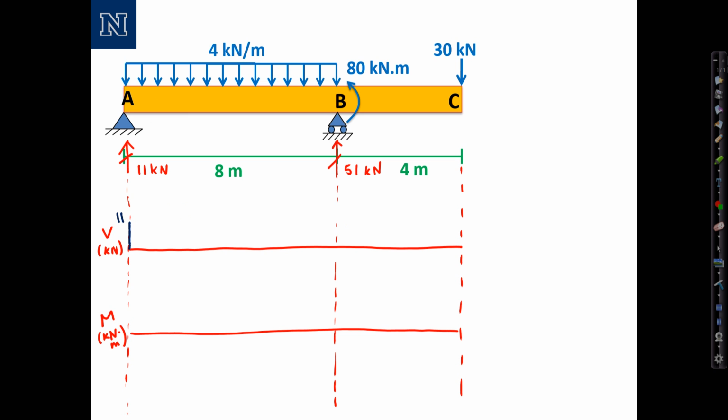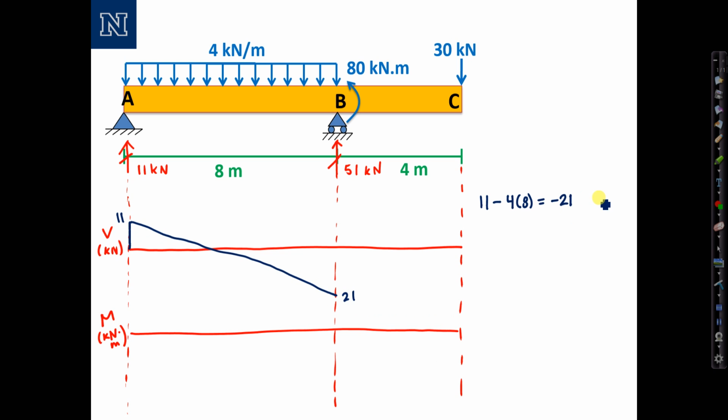Because the distributed load is uniform, the shear is going to decrease linearly, and we can calculate the value at point B as the value at point A minus the area under the distributed load diagram, which would be 4 times the length 8. I guess there's no diagram there, but it's the area under the distributed load. This calculates to minus 21. So I draw this something like that, and the value right here, 21.